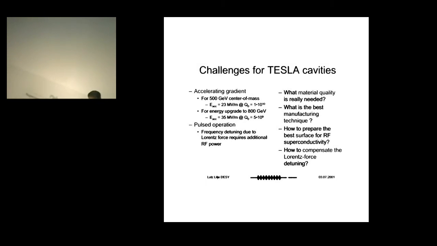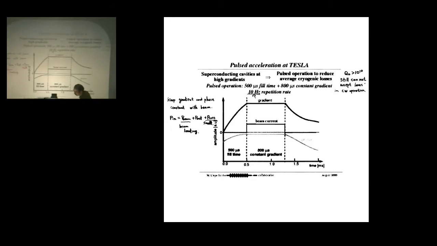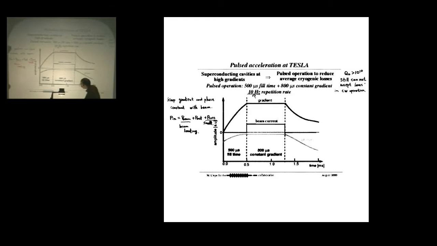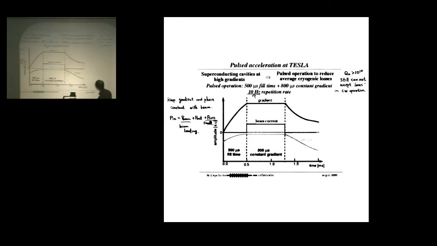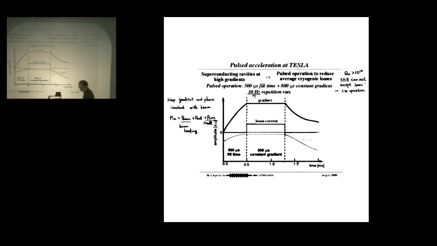What is pulsed operation? If you want to go to high gradient operation of superconducting cavities, you have to operate in pulsed mode, not continuous, because even if the quality factor Q0 is very high, if you operate continuously, the cryogenic system cannot accept the power loss.